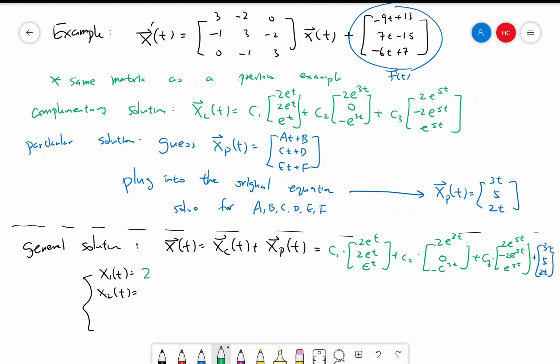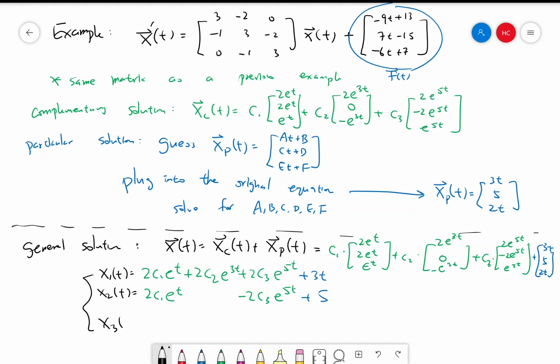So x1 is 2c1 e to the t plus 2c2 e to the 3t plus 2c3 e to the 5t plus 3t. And next, x2 is 2c1 e to the t minus 2c3 e to the 5t plus 5.